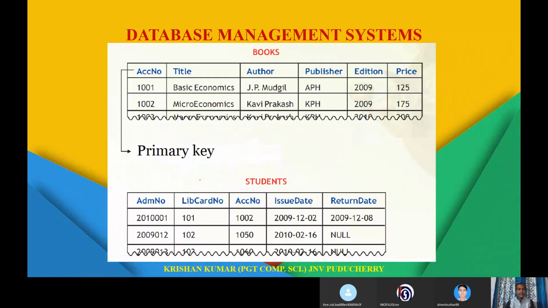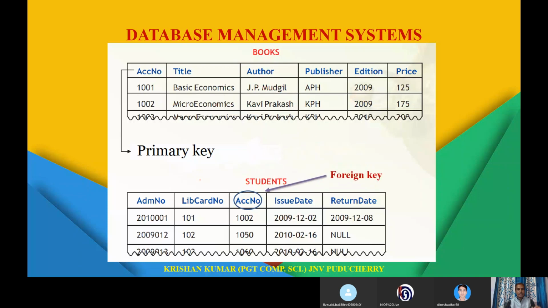I have to find a common column with common values. The values may not be identical in the second table, but similar values will be there. The account number is one of the columns which has values similar to the books table. So the column which is used to set the relation between the primary table and the secondary table is known as a foreign key.